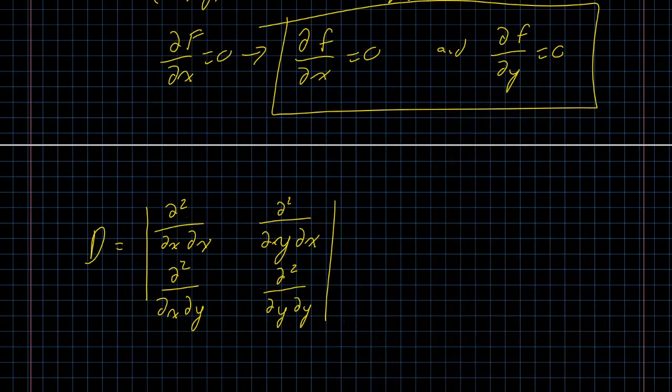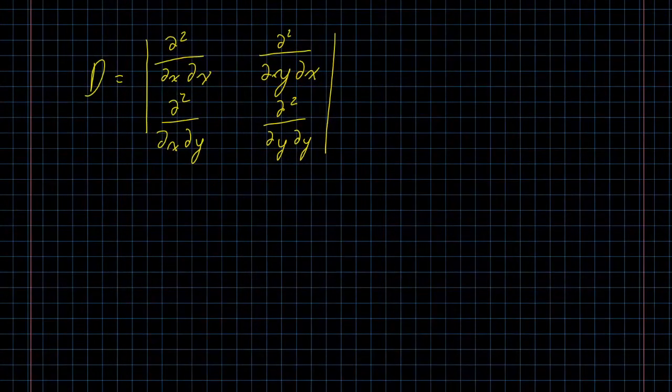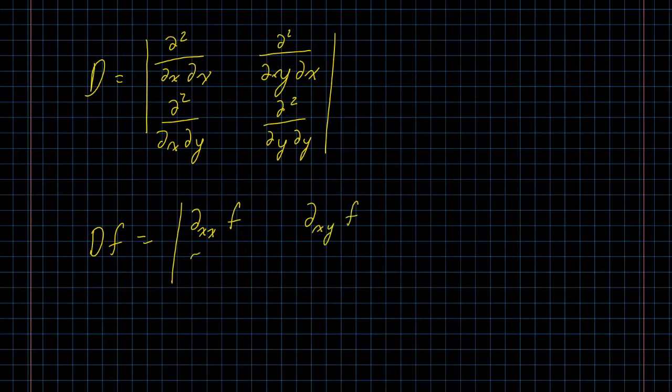So if I have a particular function, I can write this as df is going to be the partial derivative set up in this order, and then I can take the determinant by multiplying the main diagonal, multiplying the off diagonal, and subtracting them.